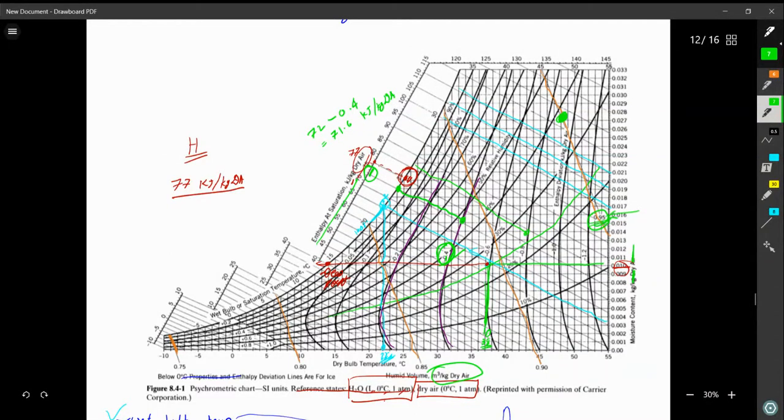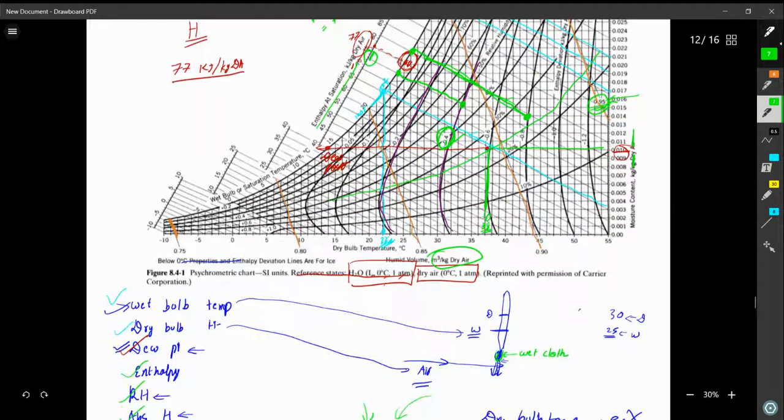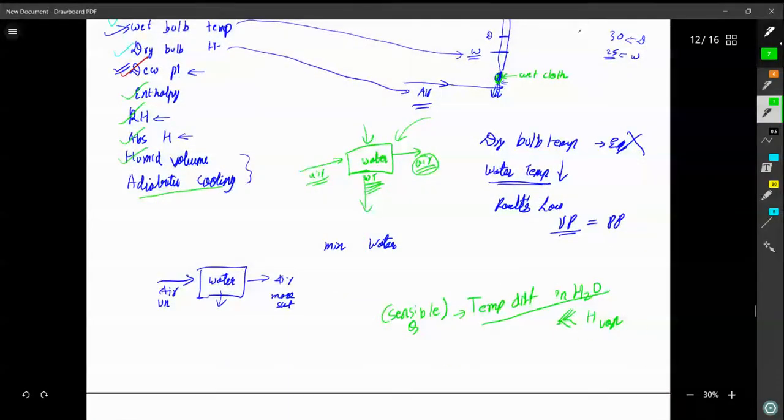So if the dry bulb temperature is here and you go for some cooling, the temperature and humidity will vary along the wet bulb lines. And finally, the minimum possible temperature again is the wet bulb temperature. So we need to keep this assumption in mind.